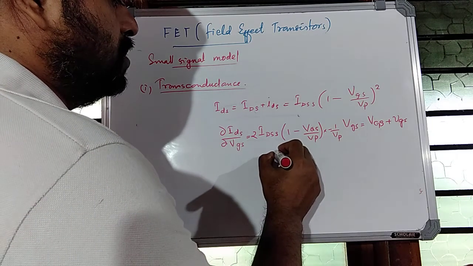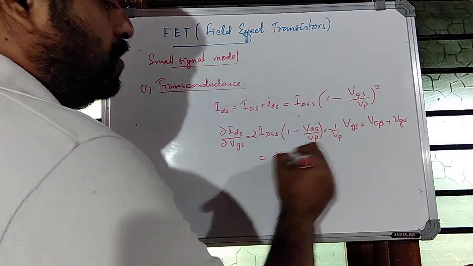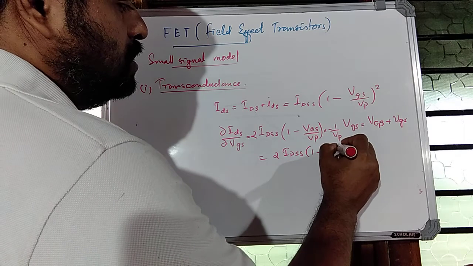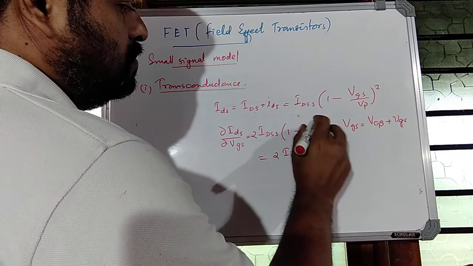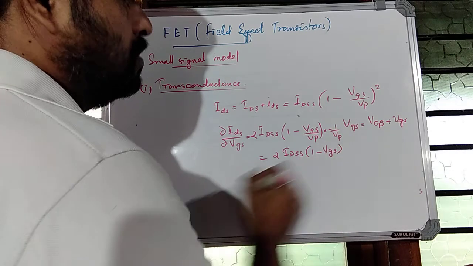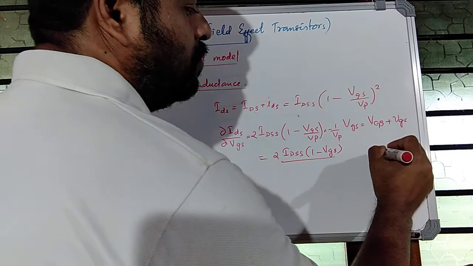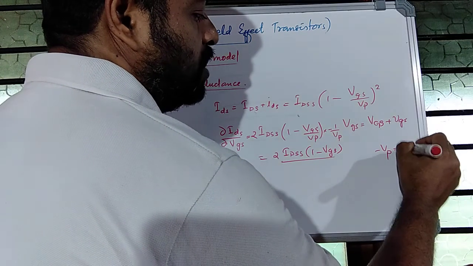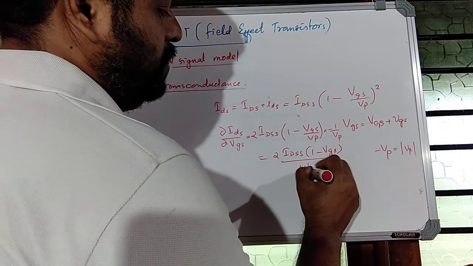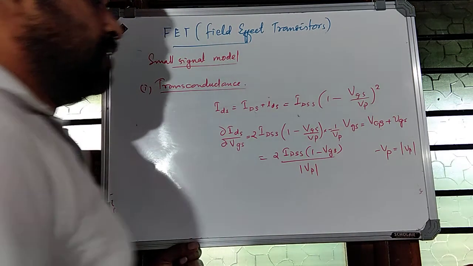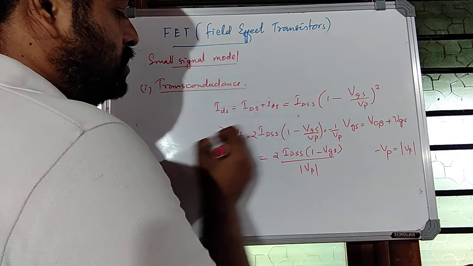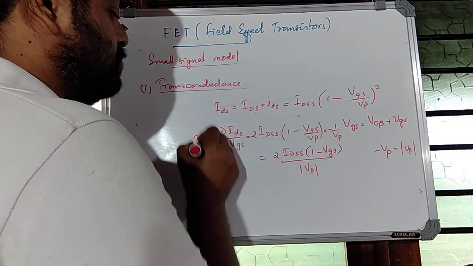This quantity can be written as 2 into IDSS into 1 minus VGS by minus Vp, which can be written as the modulus value of Vp. Since Vp is negative, minus Vp would be equal to modulus value of Vp. Okay. So change in IDS by change in VGS is gm, the transconductance.